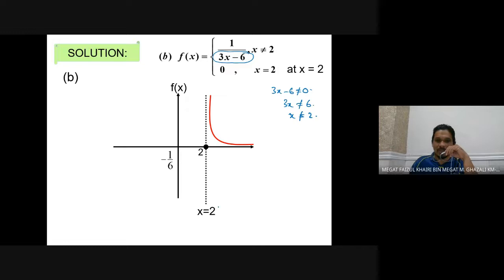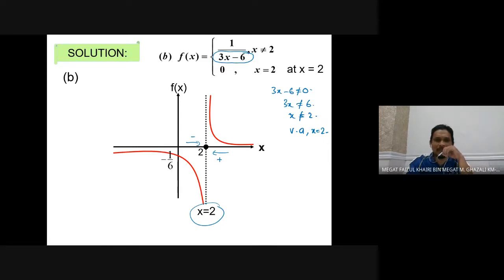So that's why we come up with the vertical asymptote, VA, which is x equal to 2. Okay, so we sketch the graph for x approaching 2 from the left and x approaching 2 from the right. Okay, so the next graph here.